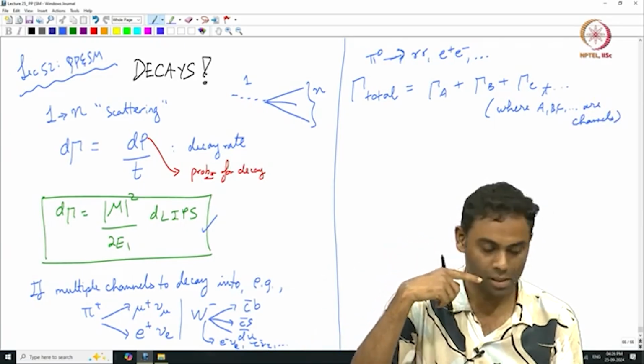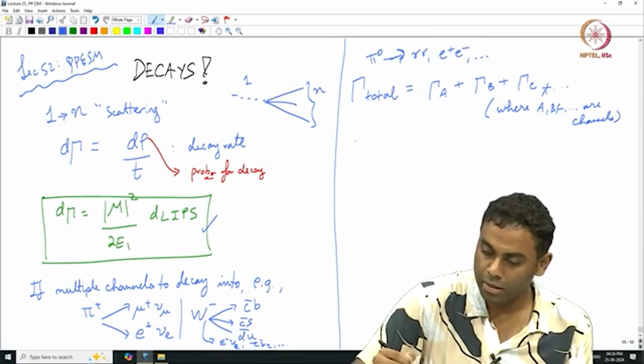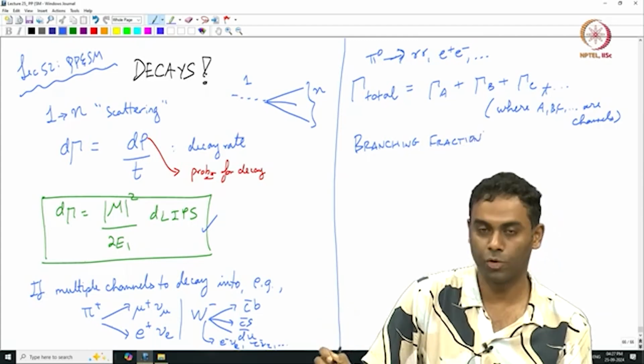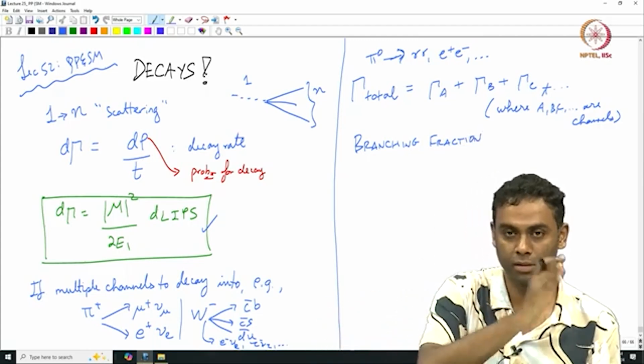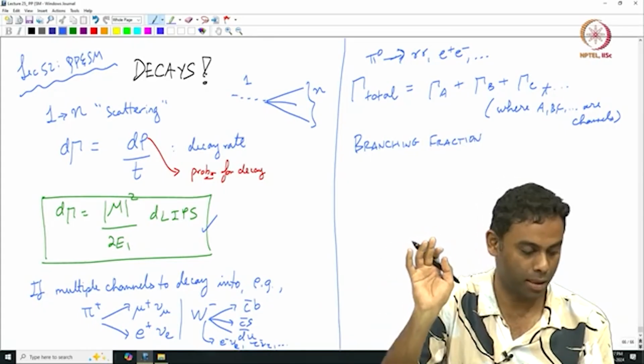Okay. So this gives us a notion of the branching fraction. Why branching fraction? You can think of each channel as a branch that is available for the initial state to decay to, right?